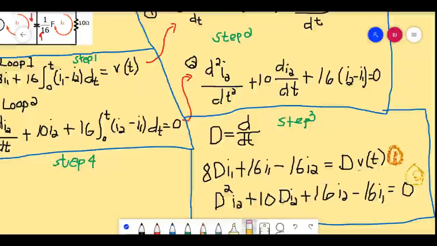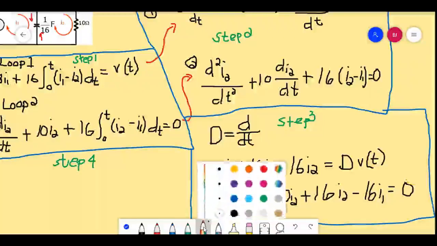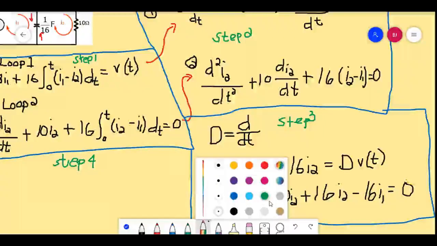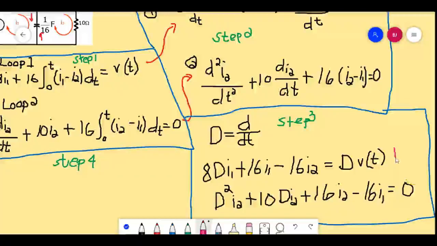And this would be equation 2. Well, let me just change the color of that, as that is not really functional. Here we go. So let's have this as equation 1. And this is equation 2.